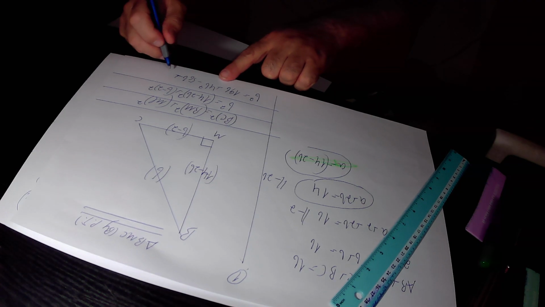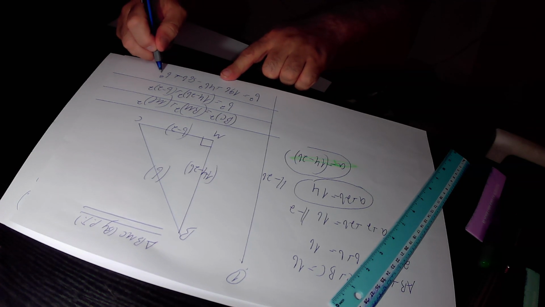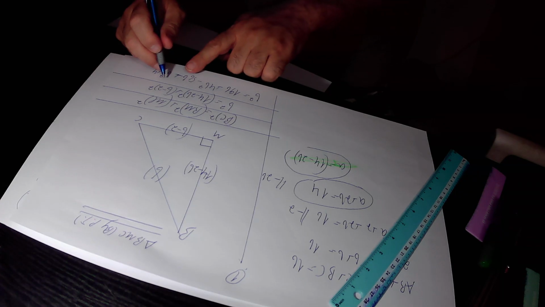(B minus 2) squared equals B squared, plus 2 squared, that is 4, minus 2 times B times 2, which is minus 4B.